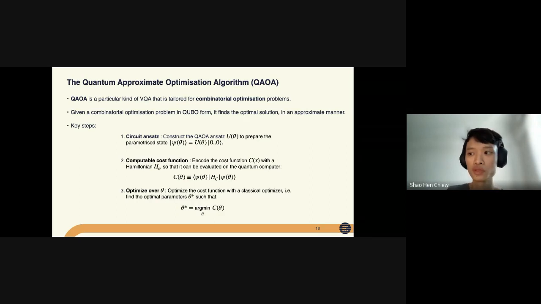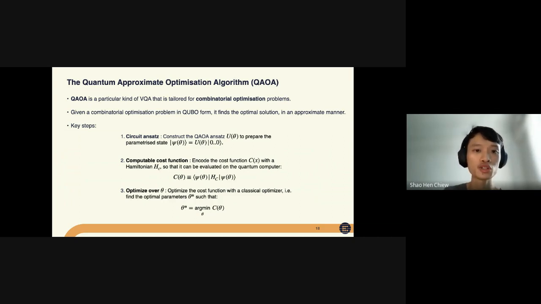Firstly, Grover is an algorithm that requires fault tolerance and error correction, while QAOA does not require fault tolerance or error correction. The second thing would be that in Grover's algorithm, you have a series of well-defined steps which, if you carry out, will guarantee that you find your solution within a certain number of steps.